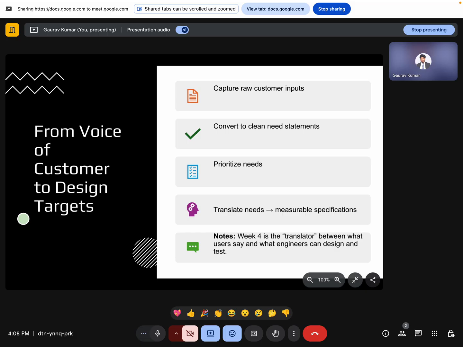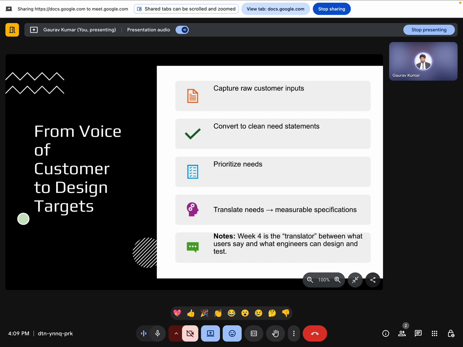Next, I rewrite those raw inputs as clean need statements that describe what the user wants and why they want it, without jumping to solutions. Once the needs are clear, I prioritize them so the team knows what deserves attention first and why.